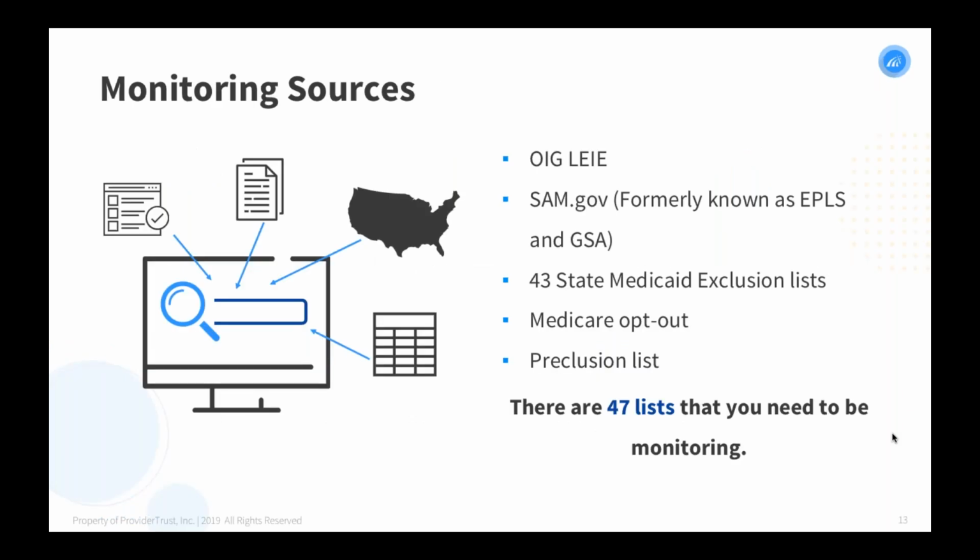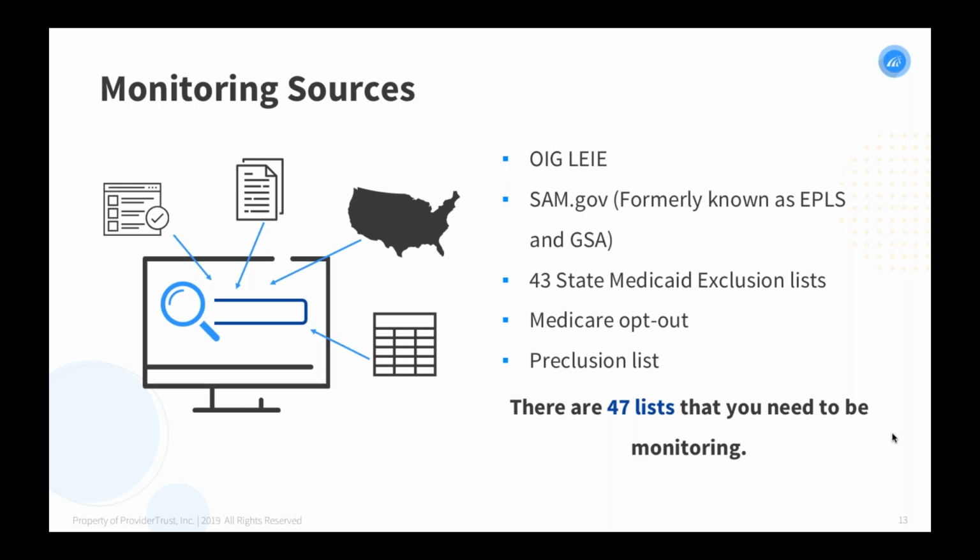So when I say that exclusions come from a bunch of different things, the thing about exclusions is they can also live in a bunch of different places, right? So when we talk about monitoring exclusions, there are a bunch of different sources that you need to be monitoring where exclusions can live. As you see over here, there are the 2 federal lists that I think people typically think of when they think of exclusions. There's the OIG LEIE, there's SAM.gov.